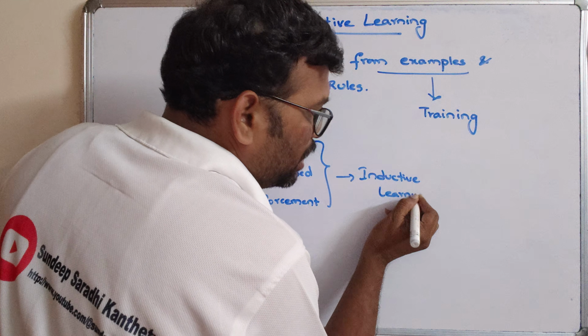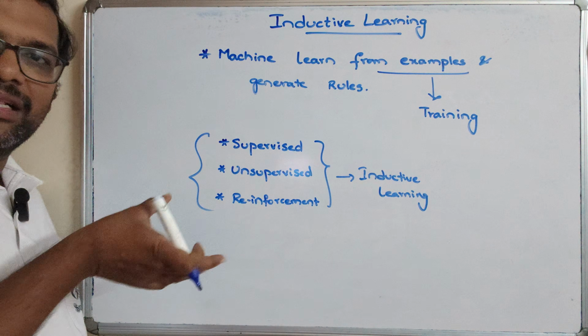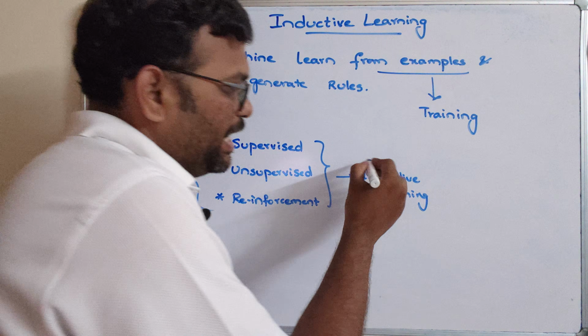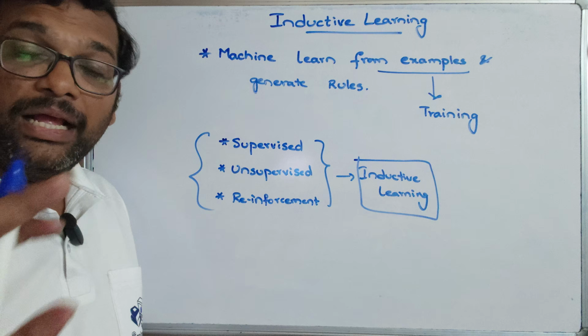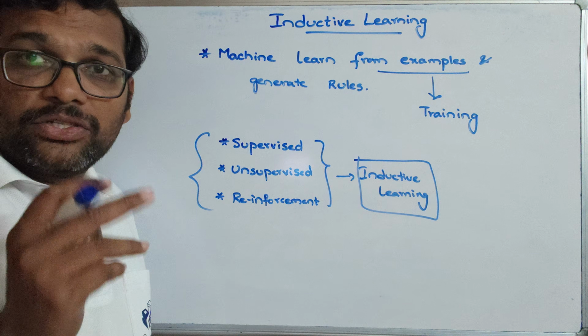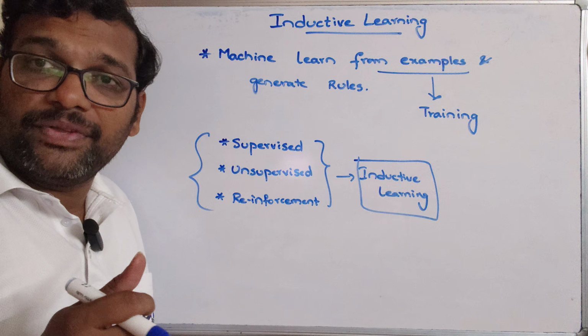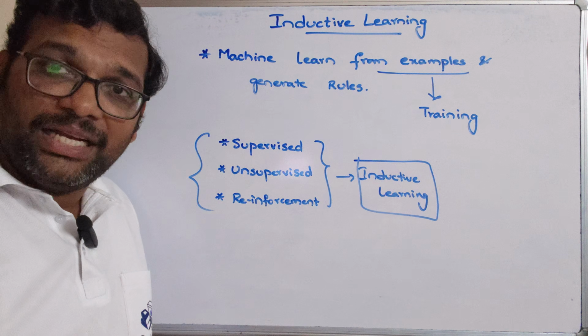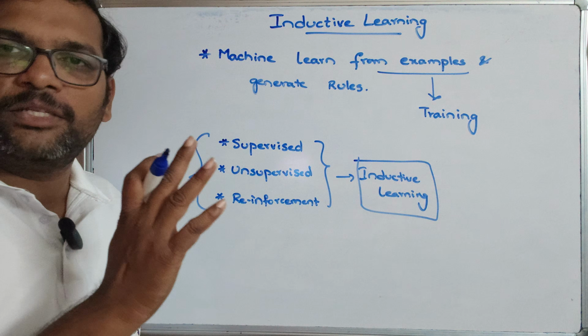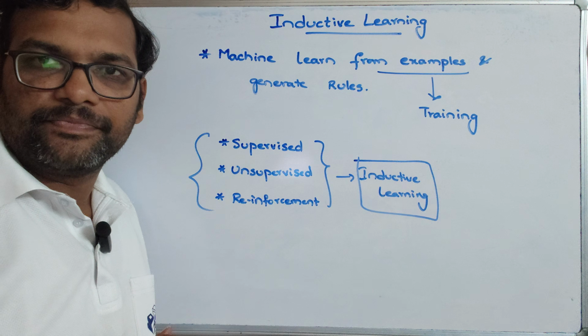All these types of learning are under the same umbrella, which is inductive learning. So machine learning is a best example for inductive learning. This is completely different from learning by rote, that is, memorization. For unseen data also, this learning will work.